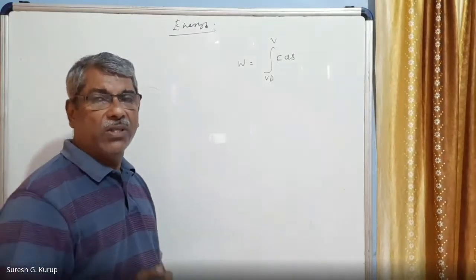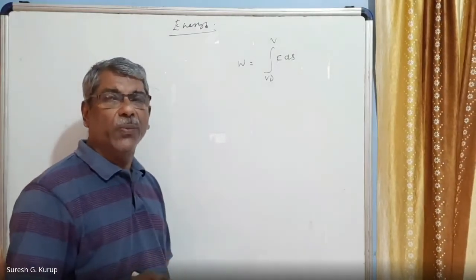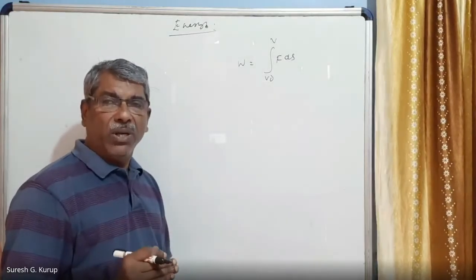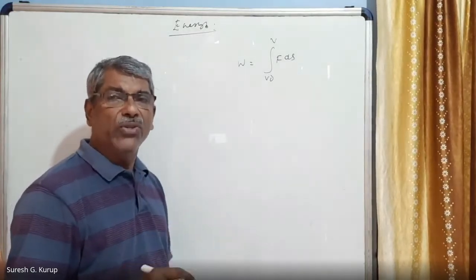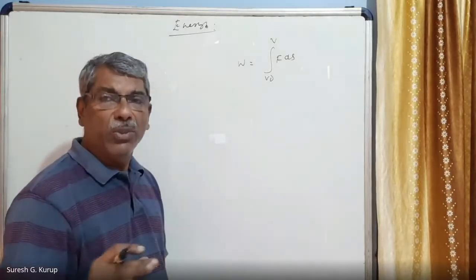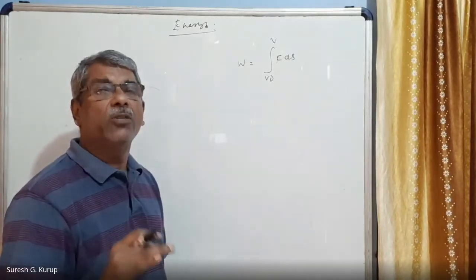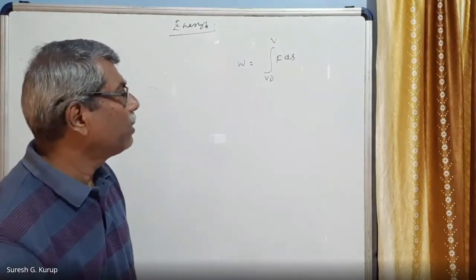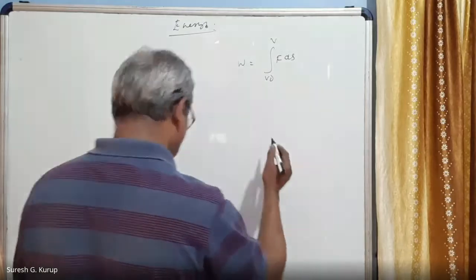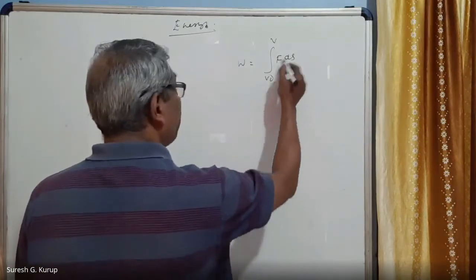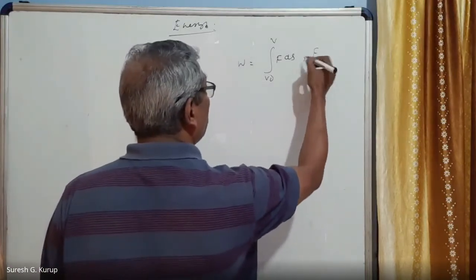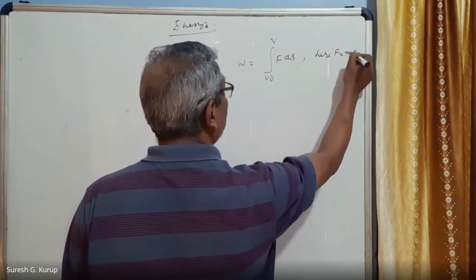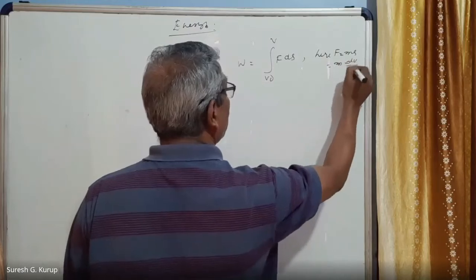What was the initial velocity of the body? That is v0. A constant force is applied on the body. Then its velocity is changing from v0 to v. The displacement of the body is ds. Now F is equal to ma, that is m into dv by dt.